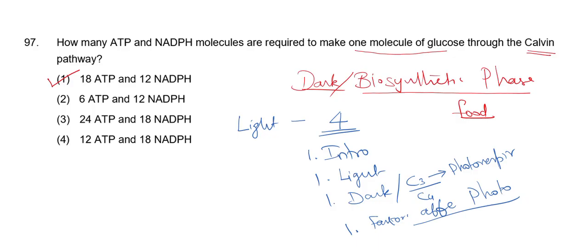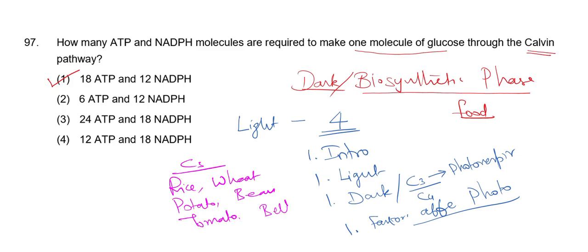Let me finish up this video by giving examples for C3 plants: rice, wheat, potato, bean, tomato, bell pepper. I used to say tomato and bell pepper as special examples. Those who attended my full session might know it.